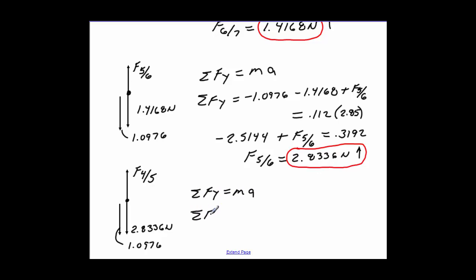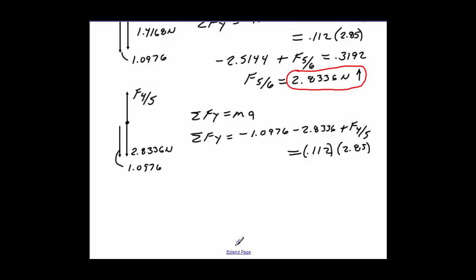In this case that will be minus 1.0976 minus 2.8336 plus F of 4/5, and that must equal 0.112 times 2.85.